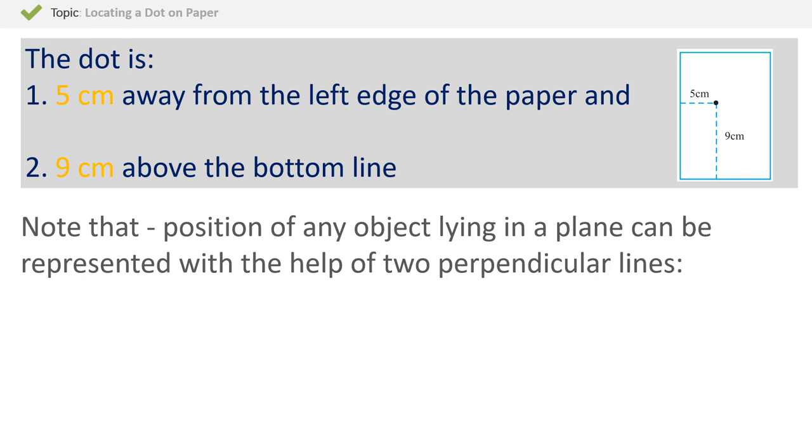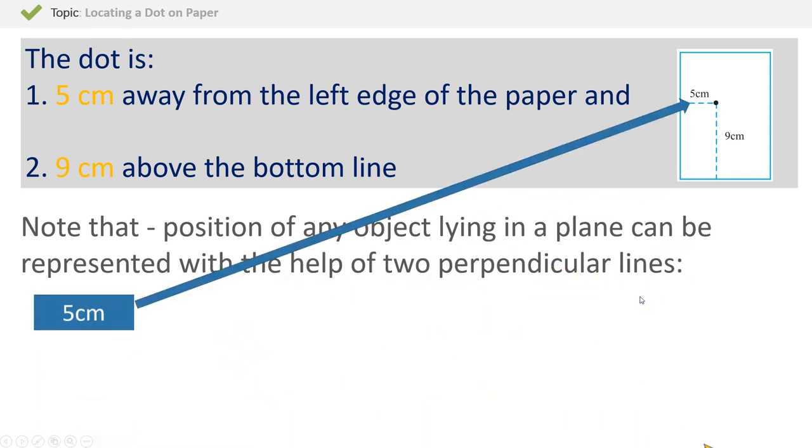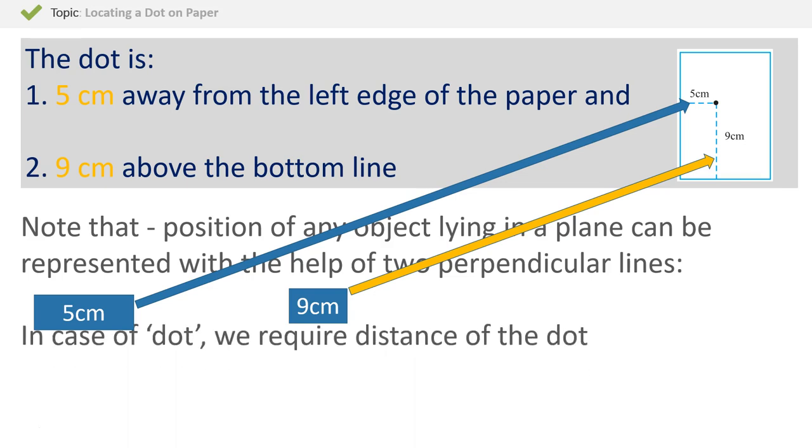Note that the position of any object lying in a plane can be represented with the help of 2 perpendicular lines: 5 centimeters and 9 centimeters.